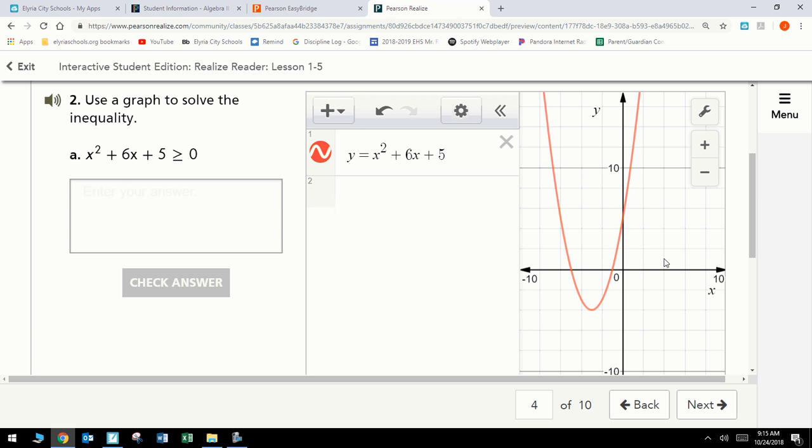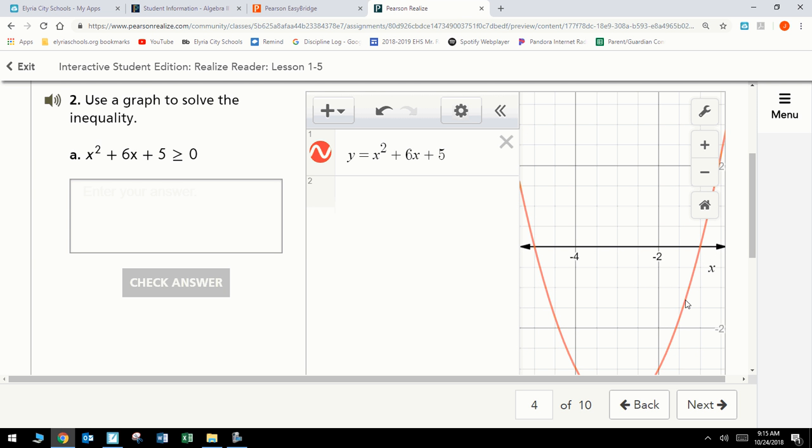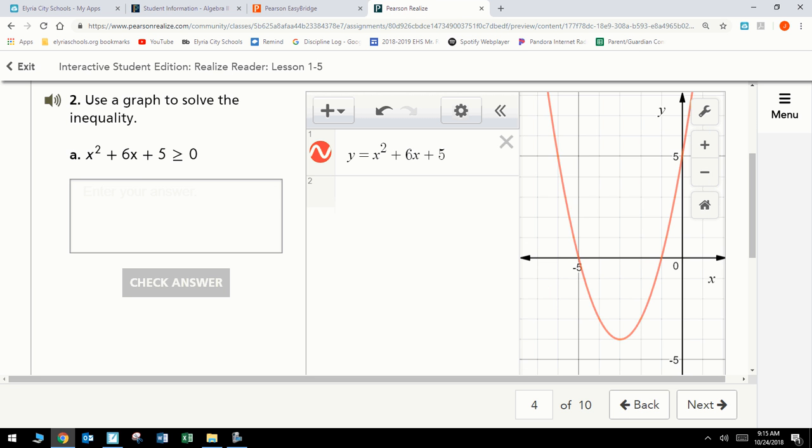So if I'm looking at this graph, what are my intercepts here? Yeah, it's going through it at -1, it intercepts, and over here at -5, it intercepts.